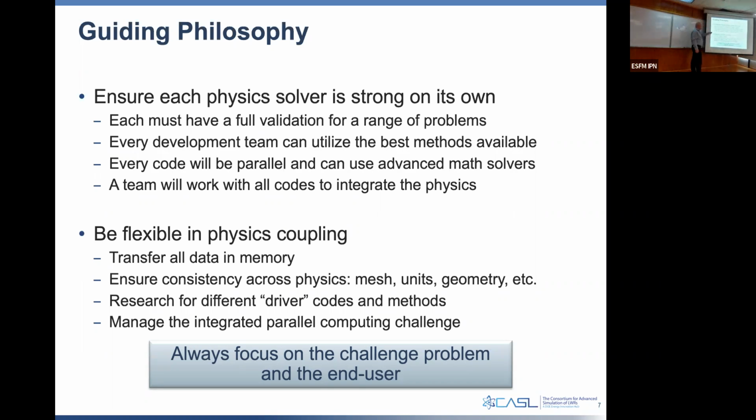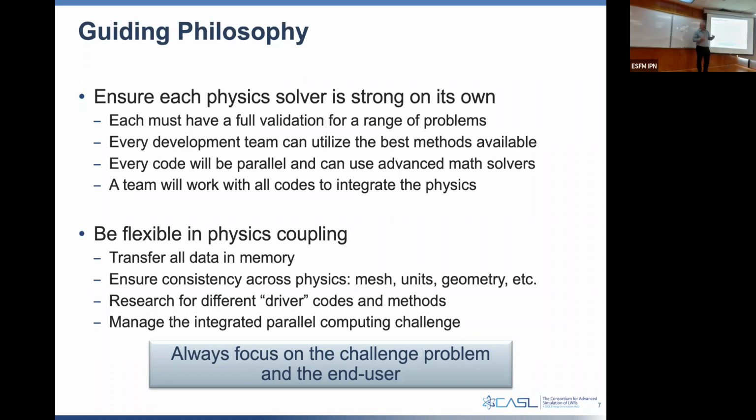We have to be very careful about consistency across physics. And so if I'm in the neutronics code and I want to pass a power to a fuel or a thermal hydraulics code, am I passing the power density, the linear power, and what geometry was I passing it on?